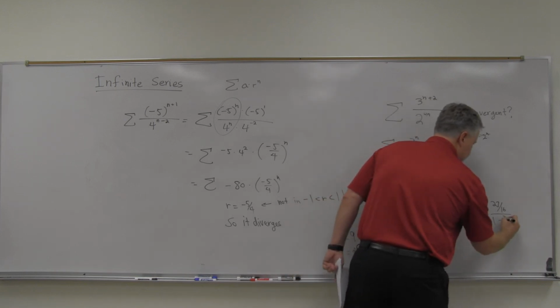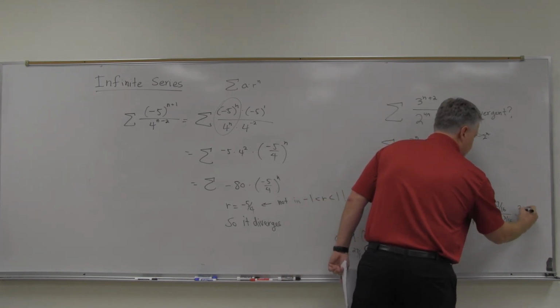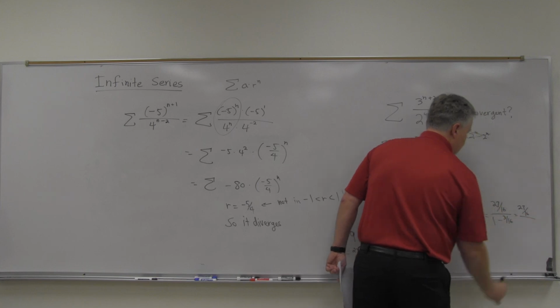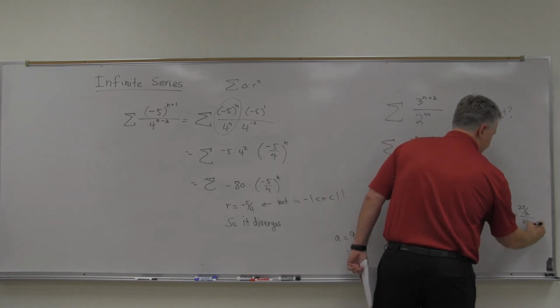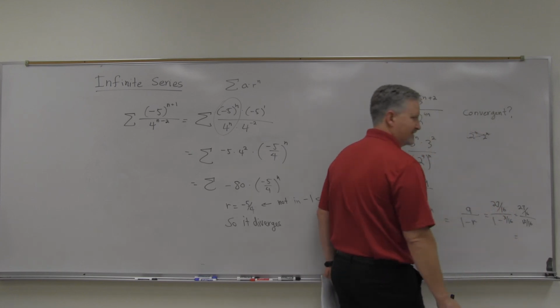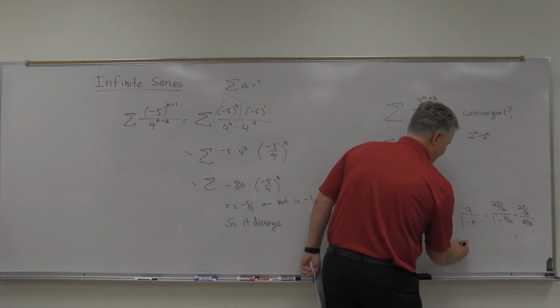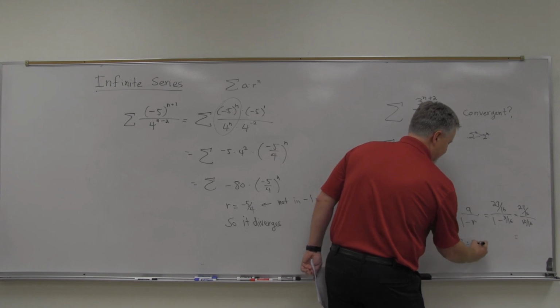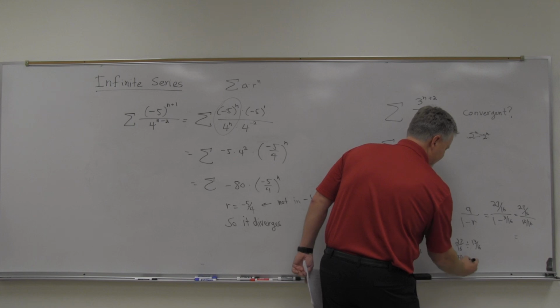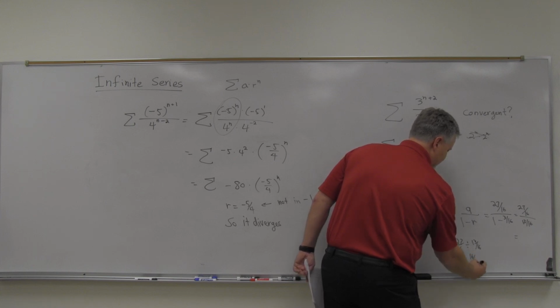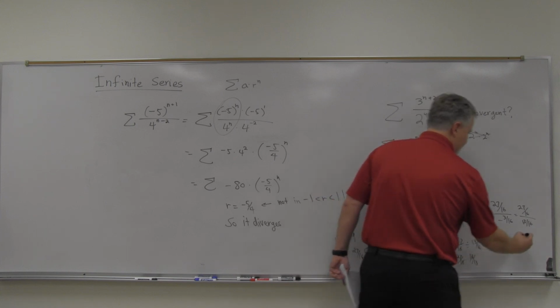The r is 3/16. So that'd be 27 over 16 divided by 13/16. Is how much? Sixteens are going to cancel, aren't they? So it's times 16 over 13. 27 over 13.